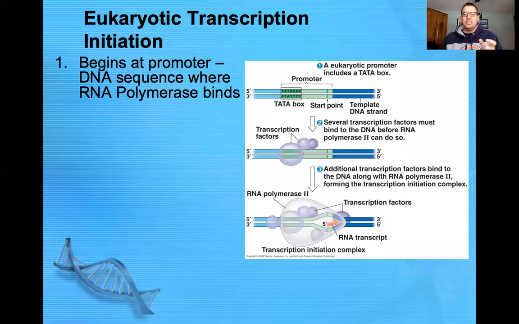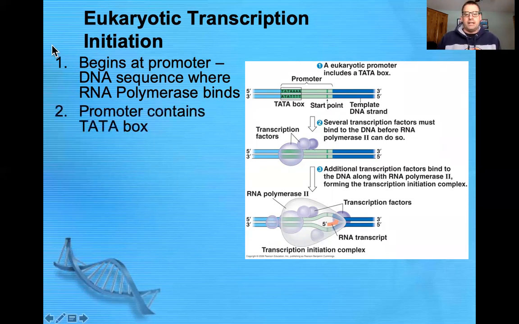And the sequence of DNA where the enzyme that carries out transcription, called RNA polymerase, binds is called the promoter region, okay? And promoter regions can be recognized by a specific structure called the TATA box, okay? No giggling, okay?